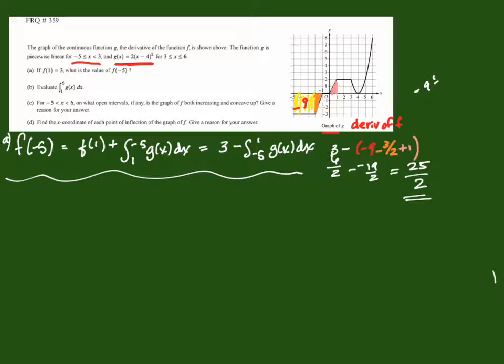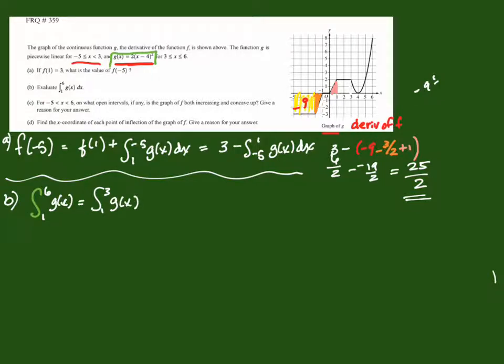Okay. So part B. It says evaluate just the integral from 1 to 6. Well, so we're going to use the function that's up here, this function, to do that. So the integral from 1 to 6 of g of x is equal to the integral of 1 to 3 of g of x, because remember it cuts at 3.